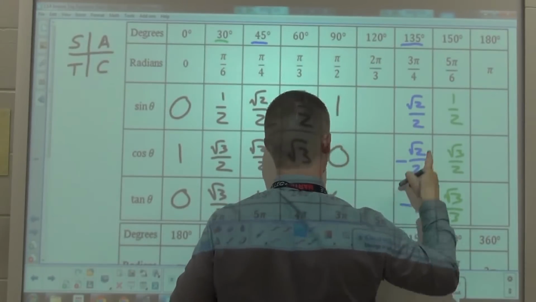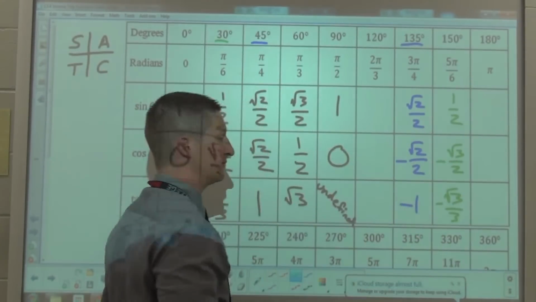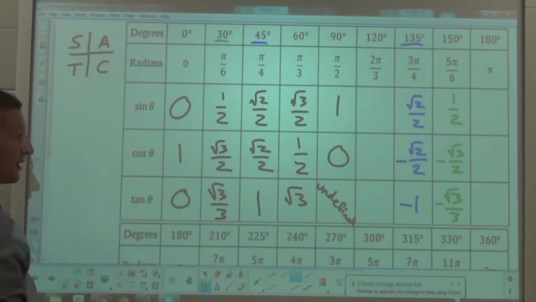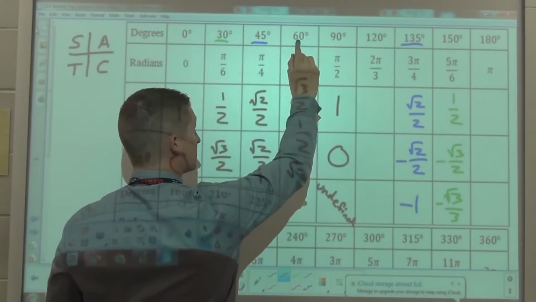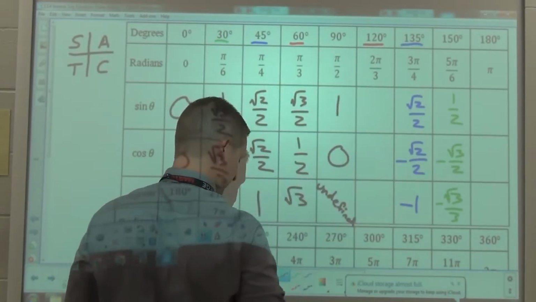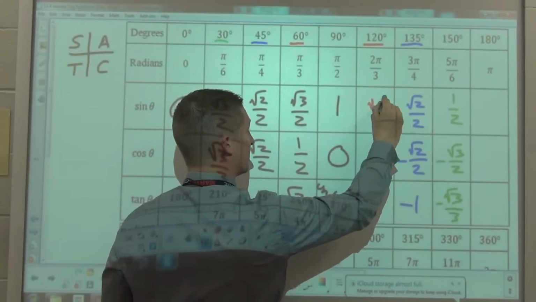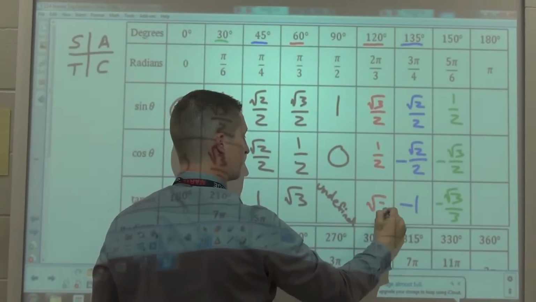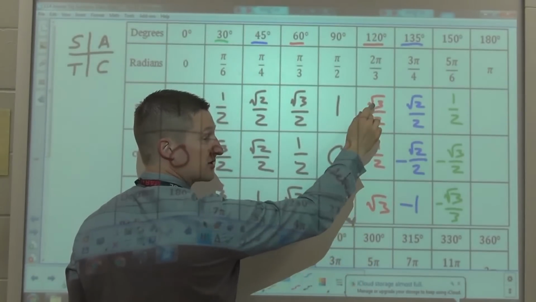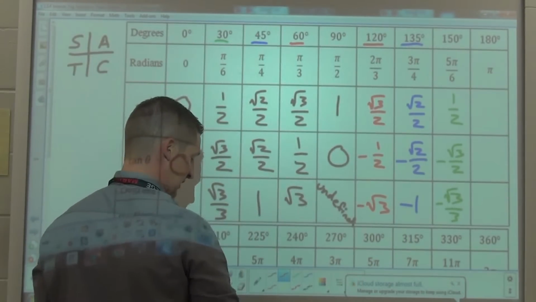And again, since I'm in the second quadrant, sine is positive, cosine and tangent will be negative. The next one we'll look at is 120 degrees. 120 degrees happens to match up with 60 because it has a reference angle of 60 degrees. So I must be able to put those same values. Square root of 3 over 2, 1/2, and the square root of 3. And again, second quadrant, sine is positive, cosine, tangent, you are both negative.